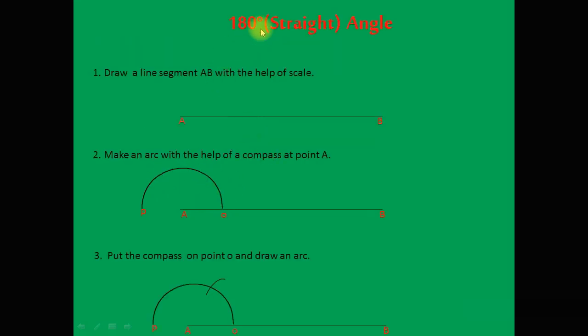Now to draw an angle of 180 degrees, which is called a straight angle, first of all draw a line segment AB with the help of a scale. Then make an arc with the help of a compass at this point A. Open your compass about a radius of 1 or 2 centimeters, put the compass at this point A and draw an arc.